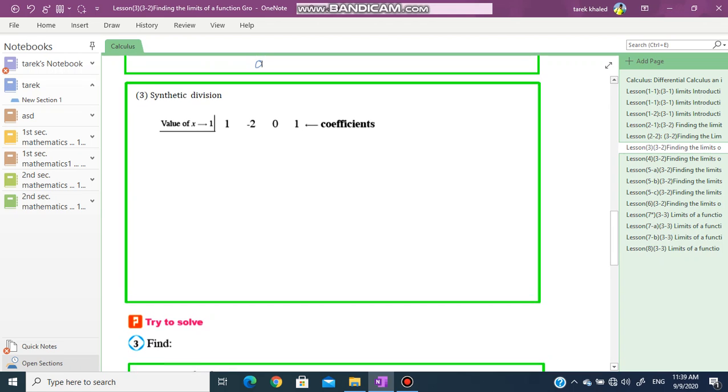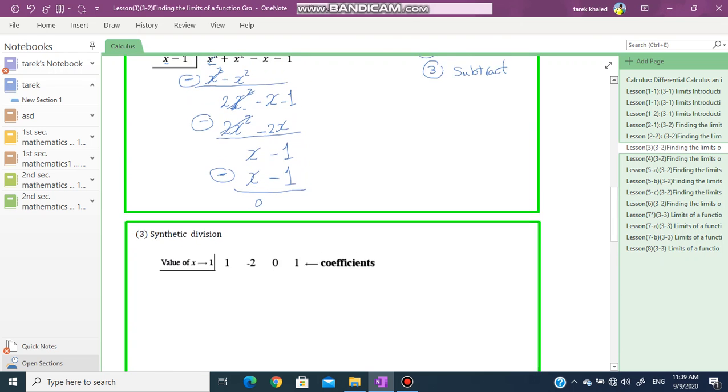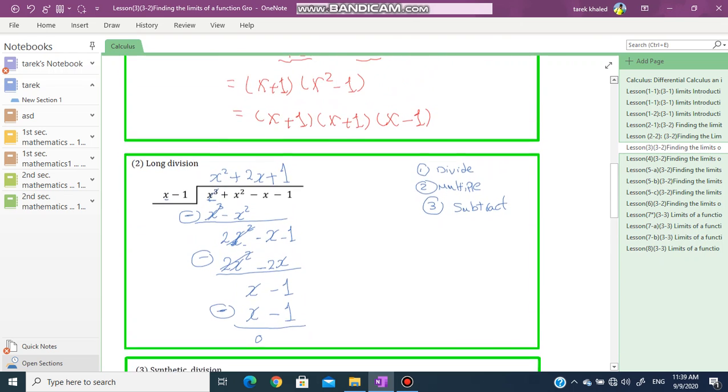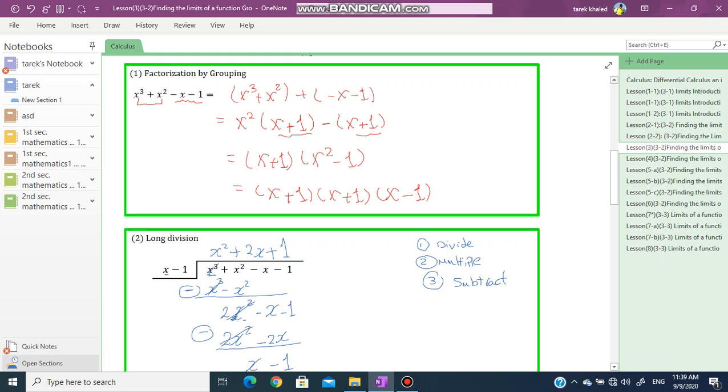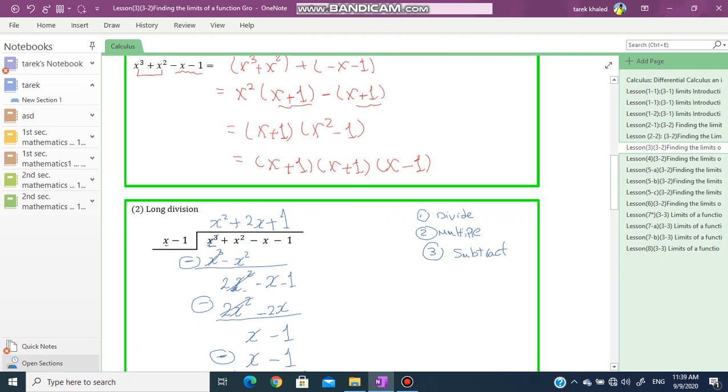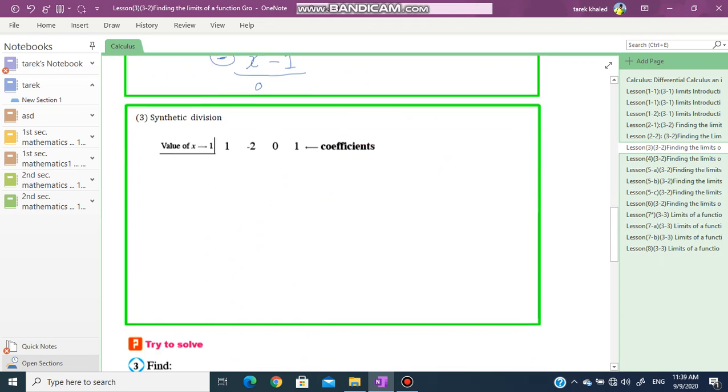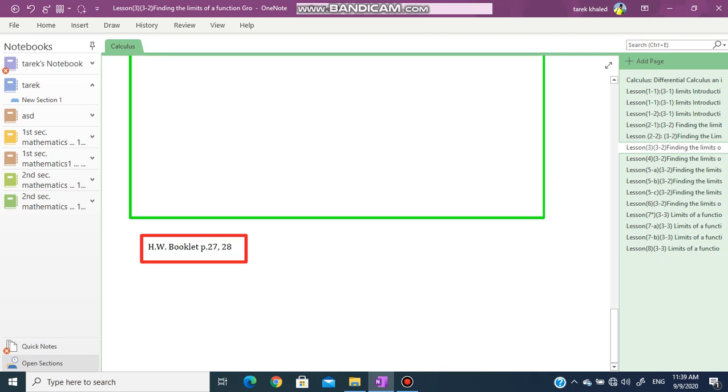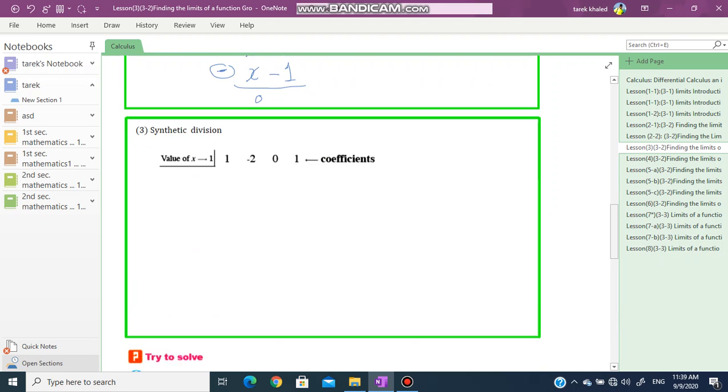Our expression is x power 3, x power 2 minus x minus 1. The coefficients are 1, 1, negative 1, negative 1. Or we can use this example.